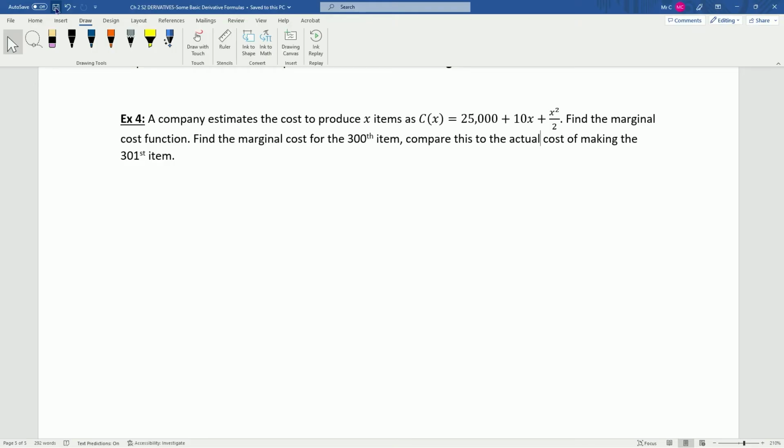Okay, so compare this to the actual cost. So what do we mean by that? Well, what I mean is I want to find C prime of 300. That's what we call the marginal cost.